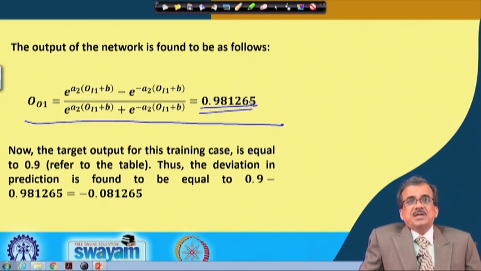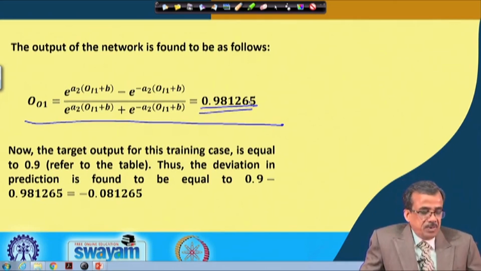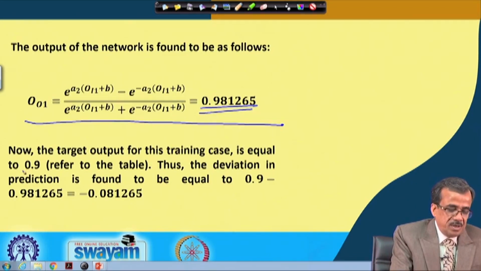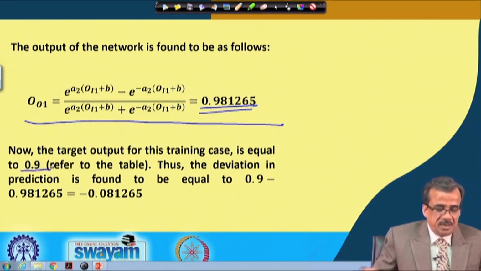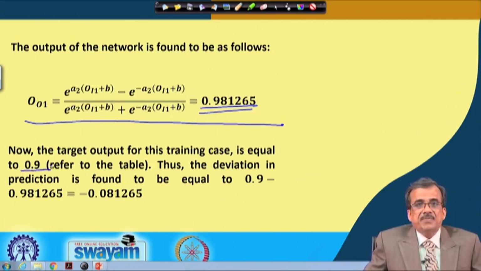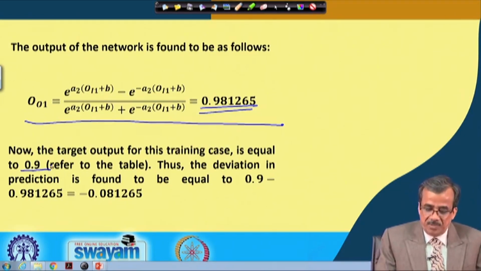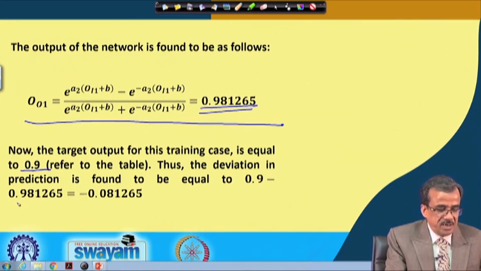Now, this calculated output we will have to compare with the target output, which is 0.9, and we can find out the deviation in prediction as 0.9 minus 0.981265.